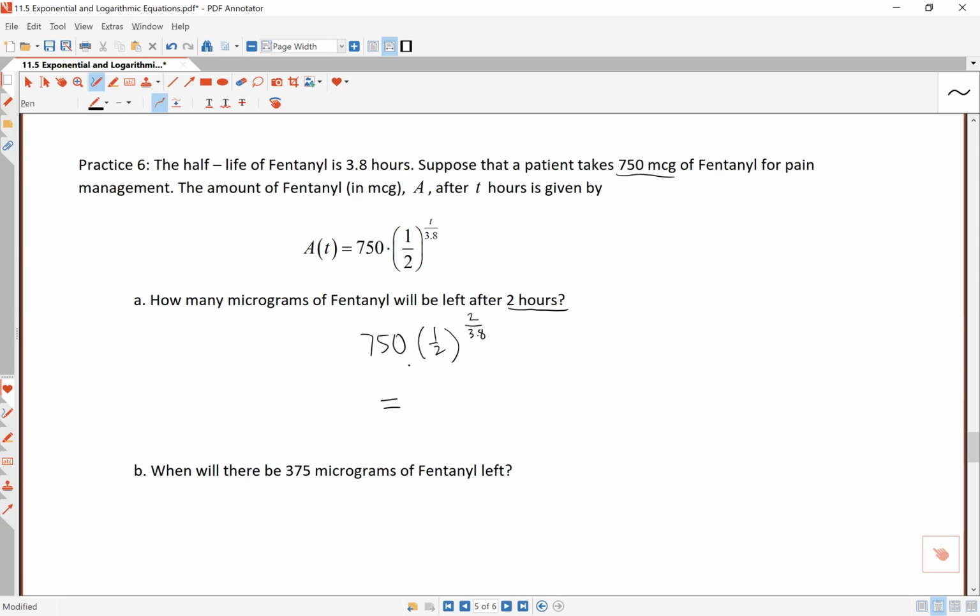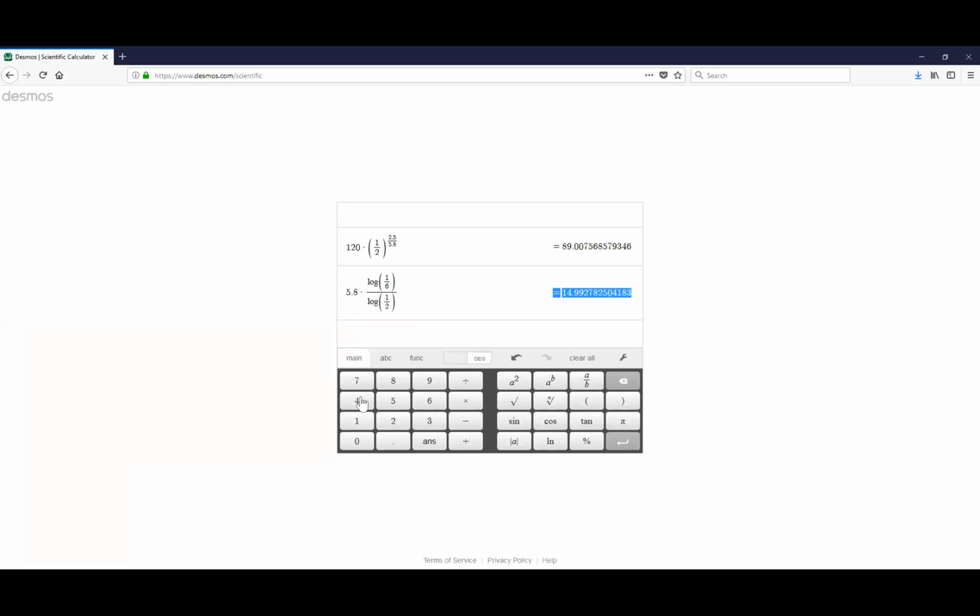We're going to have probably around 400 micrograms left over. So we do 750 times 1 divided by 2 raised to the 2 divided by 3.8.